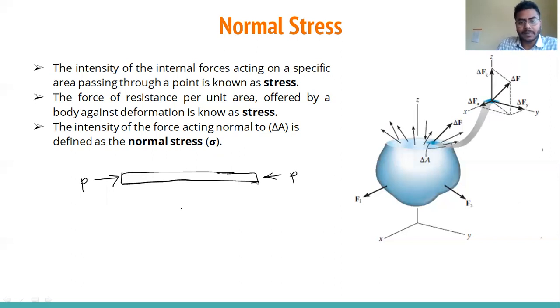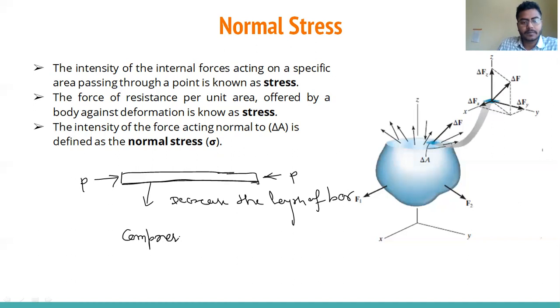The length of the bar will decrease. So whatever stress develops in this case, we call it compressive stress. Whatever stress develops anywhere in this rod will be compressive stress.